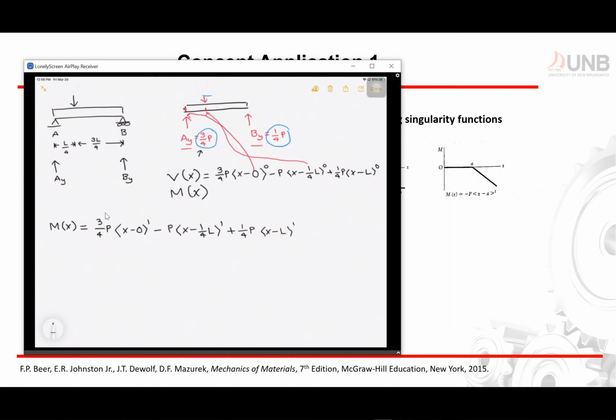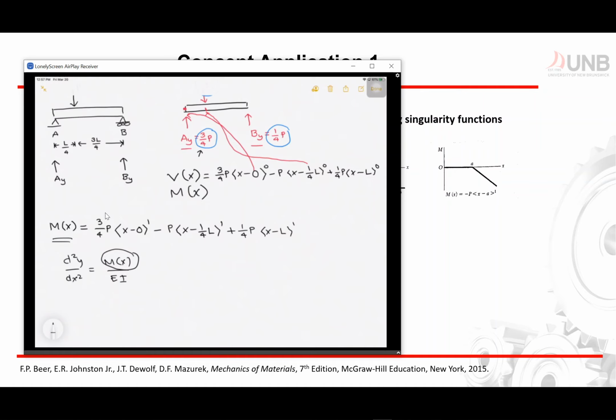And if we talk about, again, the equation of elastic curve, we always want to get m in terms of x, because we know that d squared y over dx squared is equal to mx over EI. In this case, we now have a singularity function which is in terms of x. However, we can further simplify this equation right here.